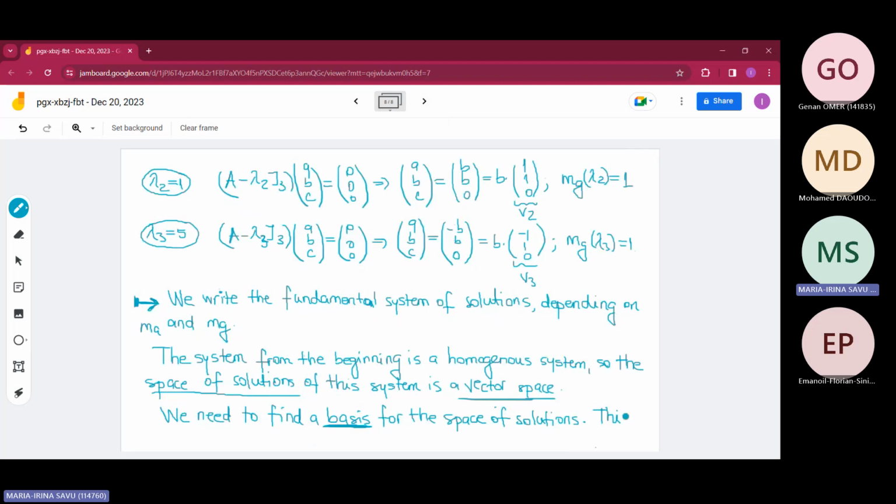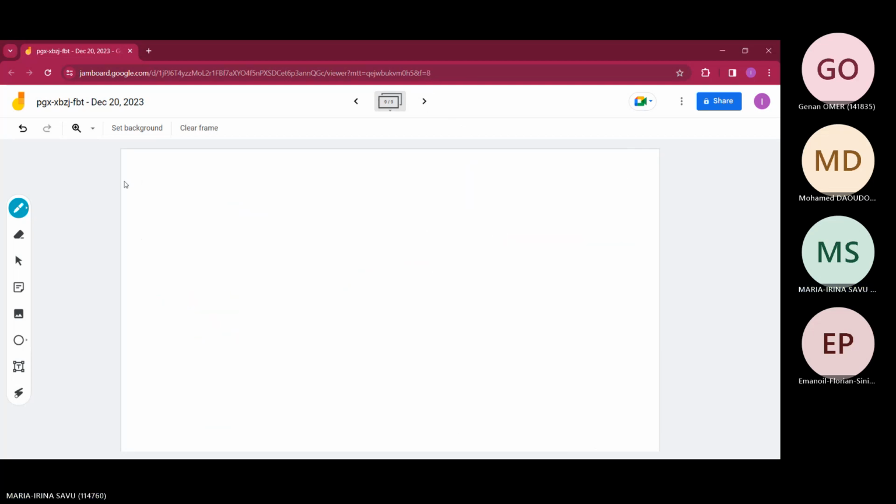This basis consists of functions which are fundamental.